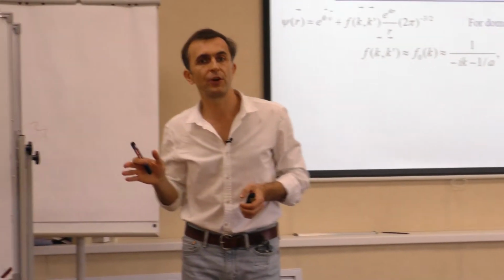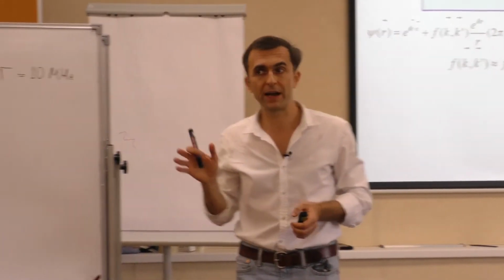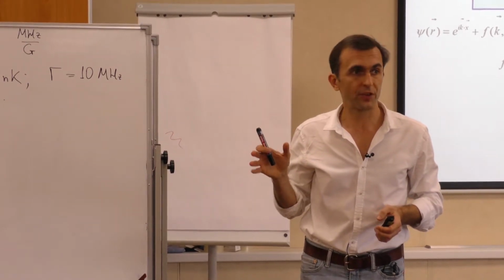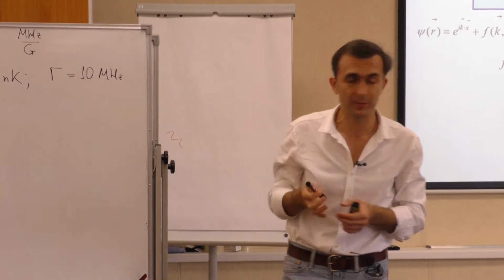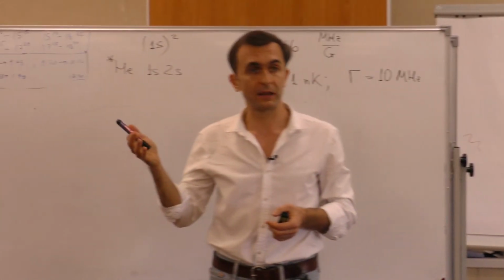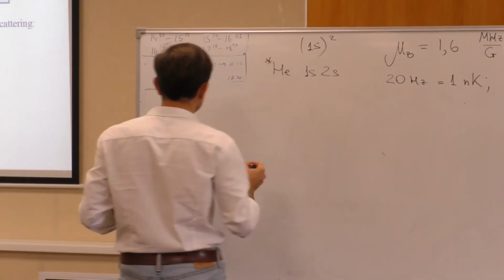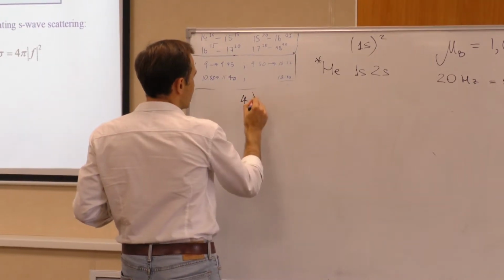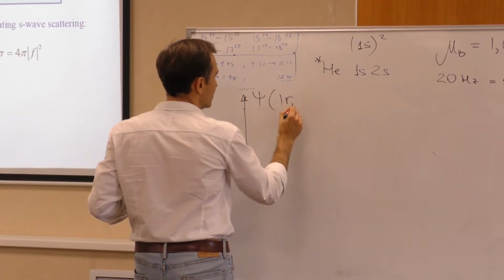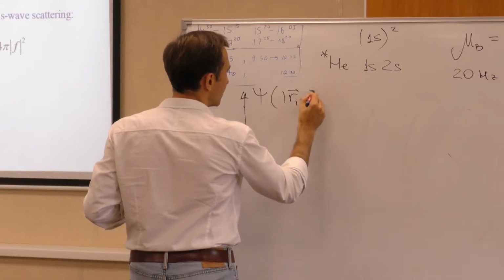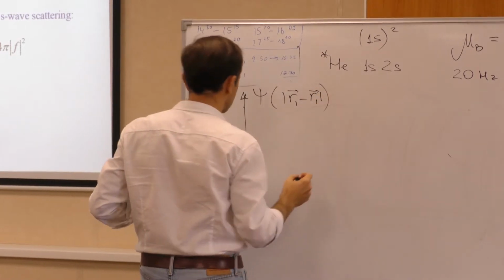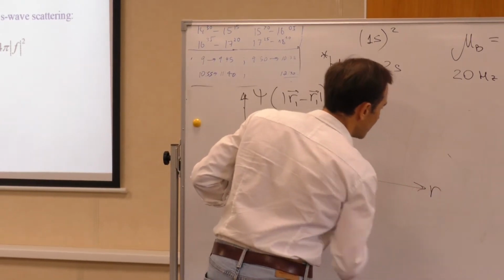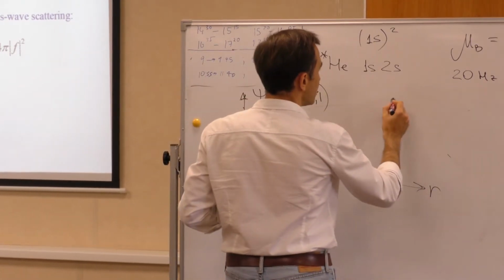Only the zeroth harmonic is modified, and we are considering only spherically symmetric potentials because the atoms are hydrogen-like. They are spherically symmetric. They are in the lowest electronic state. So we're considering the solution for the distance between two atoms, and only the lowest zeroth order Bessel function is modified.